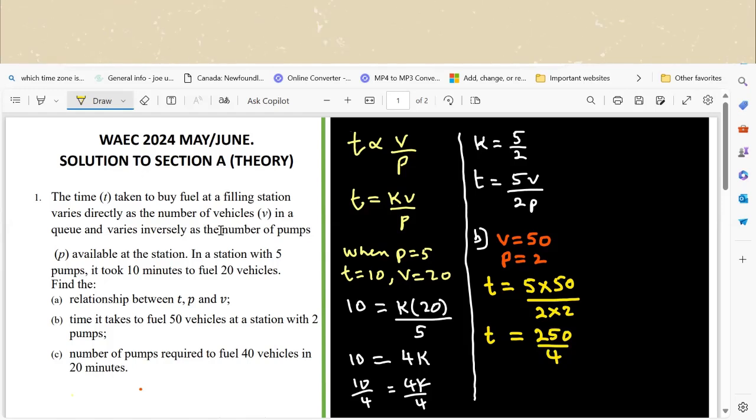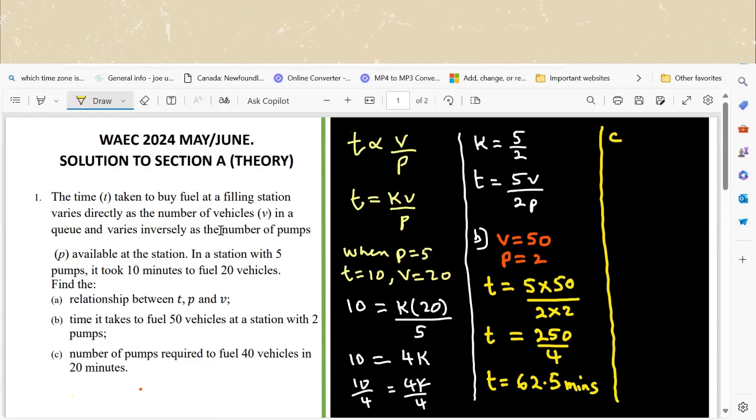All right. And that will give us 62.5 minutes. So T is 62.5 minutes. So that's the time taken to fuel 50 vehicles, given that 2 pumps are available.